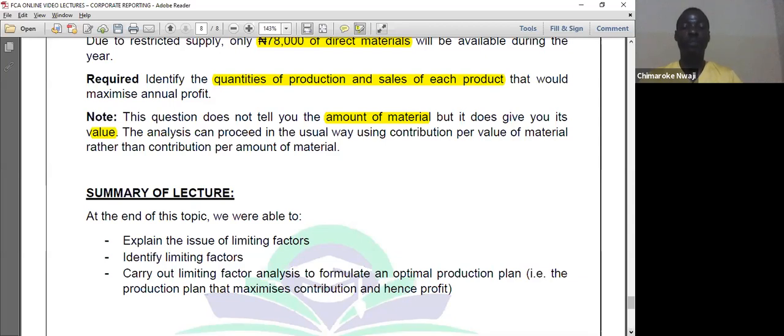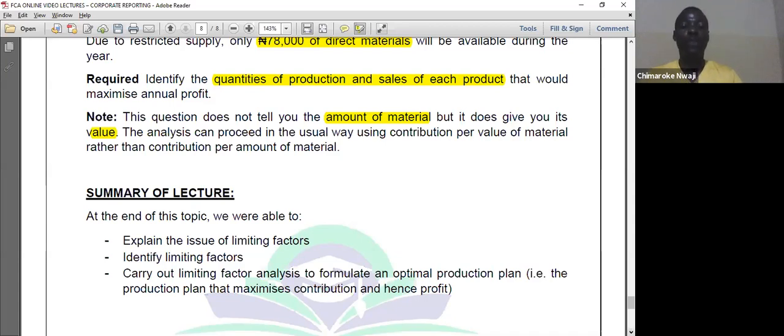So your production schedule has your rank, products, the number of units you are supposed to produce, the scarce resources it's going to use up, and it's also going to show your contribution per unit and your total contribution.